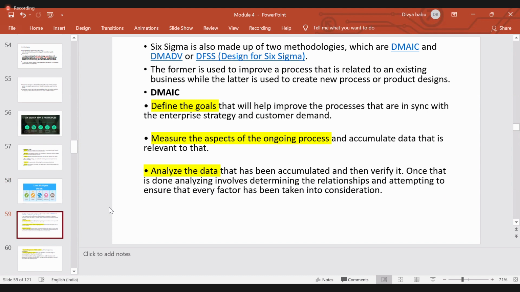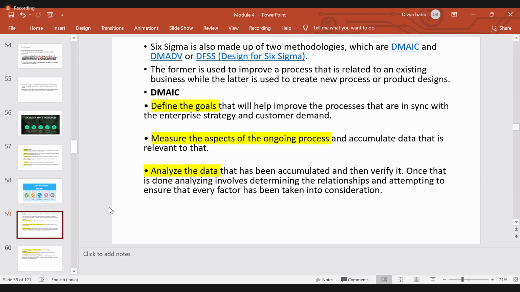In DMAIC, first you need to define the goal, and improve the process in sync with the strategy and customer need. Every enterprise has its own strategy, and it should sync with both the enterprise strategy and the customer need to improve the process. That is, define your goal first.